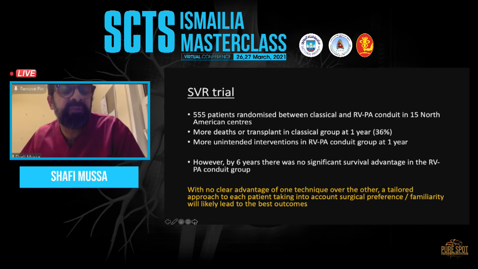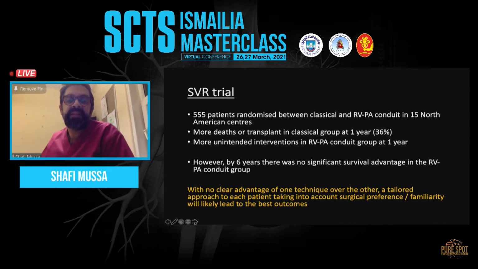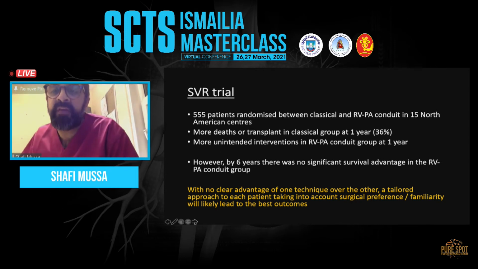And the initial findings at 1 year were that there were more deaths or transplants in the classical group, but there were more unintended interventions in the RV to PA conduit group at 1 year. So survival was better, but at the expense of more interventions in the RV to PA conduit group. However, with ongoing follow-up by 6 years, there is no significant survival advantage in the RV to PA conduit group.